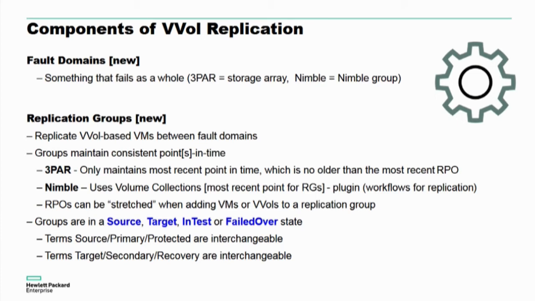And then replication groups, obviously, are something that you'll be managing now. The VM is a unit of replication now, so you're going to be able to place VMs in these groups. The groups maintain a consistent point in time. So in other words, if you place one or more VMs in the same group, those VMs will have the same point in time at the target site when the failover occurs.